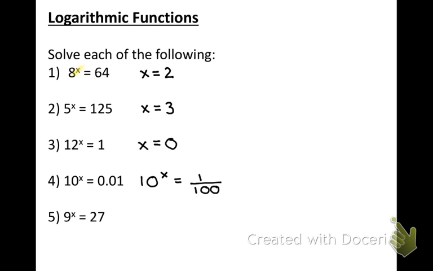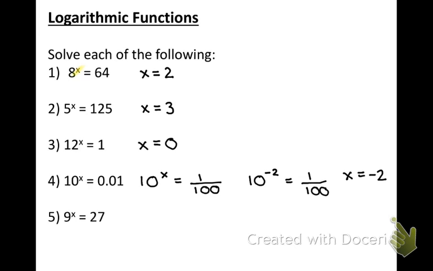This is going to make it a little bit easier for us. We know that 10 squared is 100. So if I need that reciprocal, this is going to be 10 to the negative 2 equals 1 over 100. So that x value in this case is going to be negative 2.